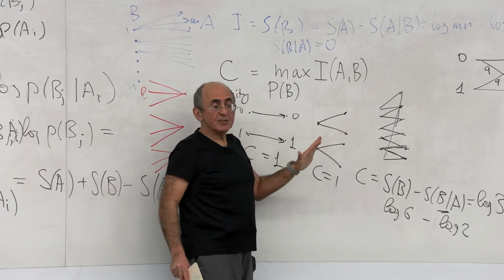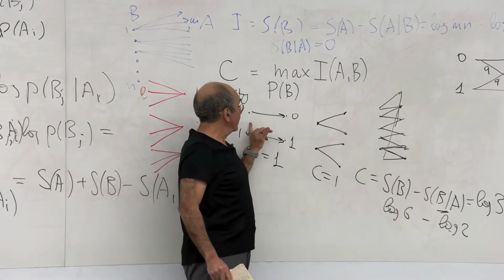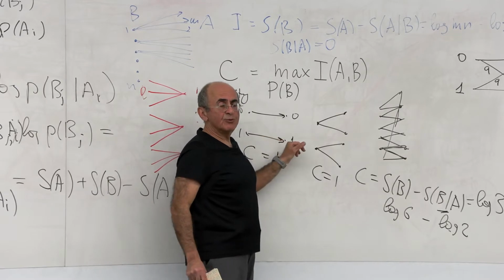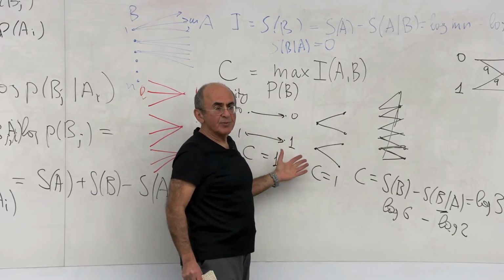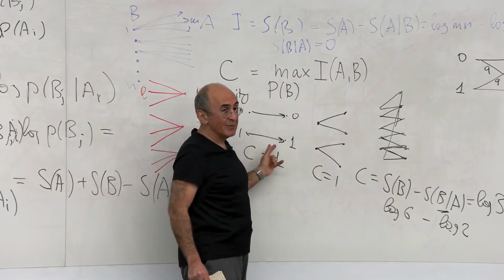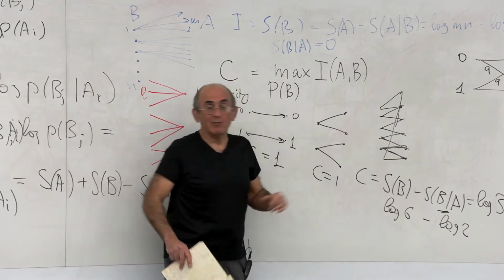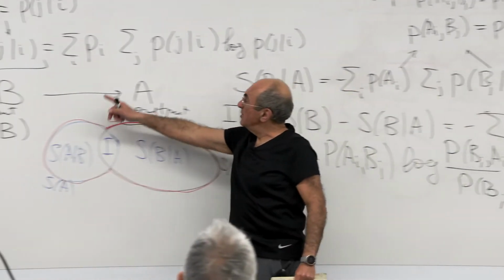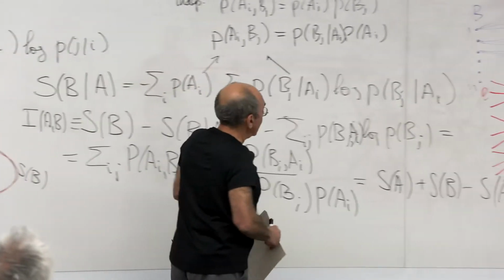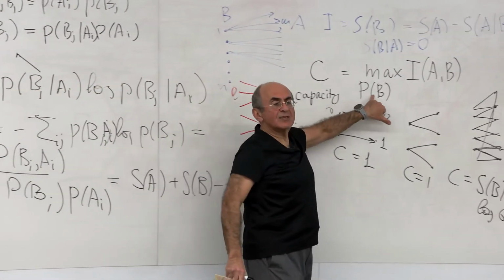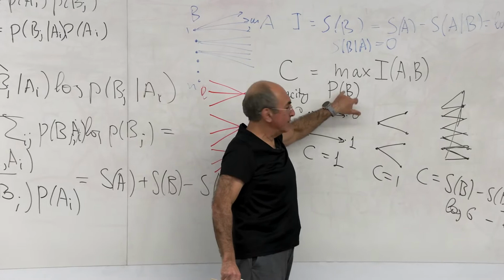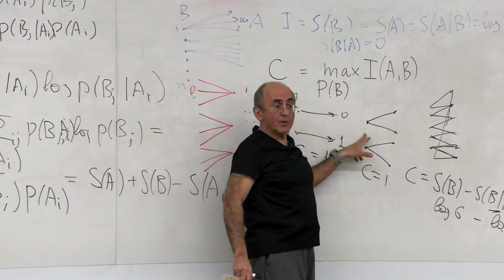The simplest case, I transmit error-free. 0 goes to 0, unity goes to unity. Then I get 1 bit per symbol, if I choose them with equal probability. But my capacity is a maximum over all probabilities. Now, this is a little bit more complicated case.